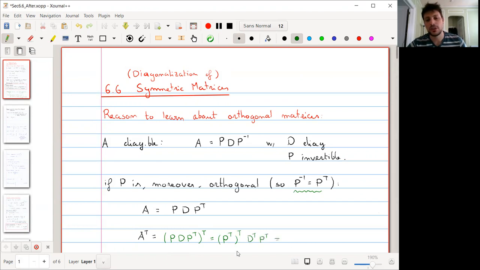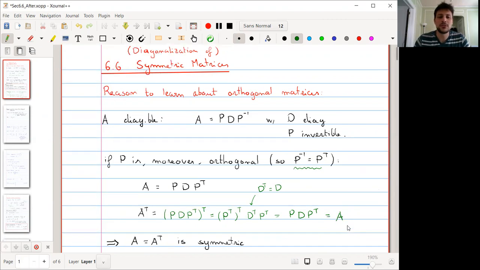But now transposing a matrix twice is the same as not doing anything. And D transpose, it's a diagonal matrix. When you transpose it, you get back itself. So D transpose is D. In other words, you see that A transpose is at the end of these equalities exactly equal to A.